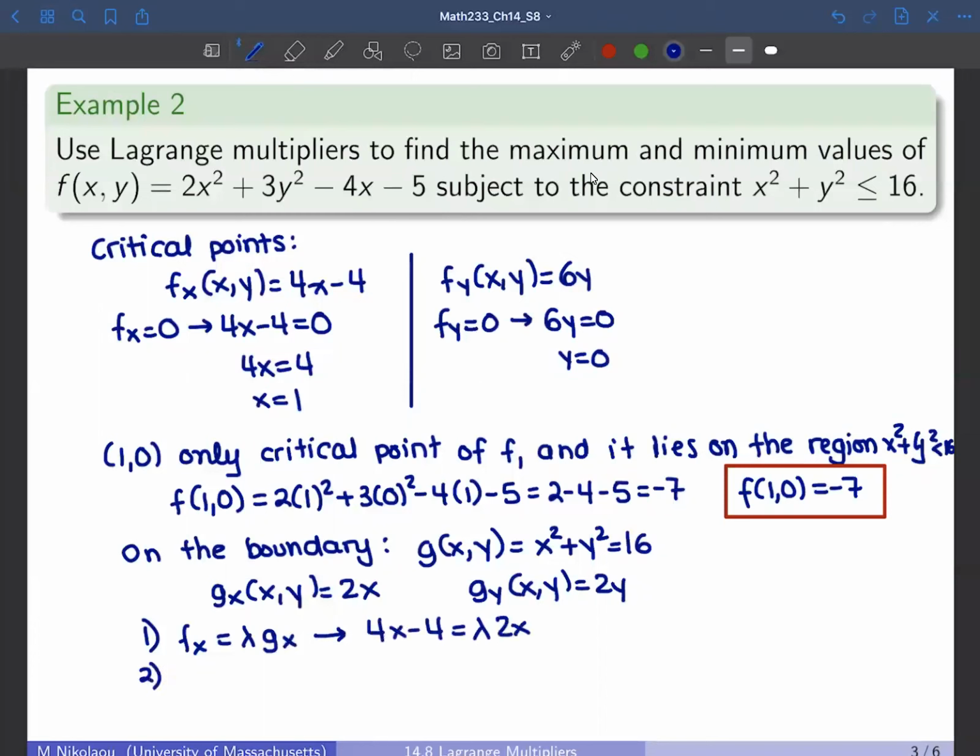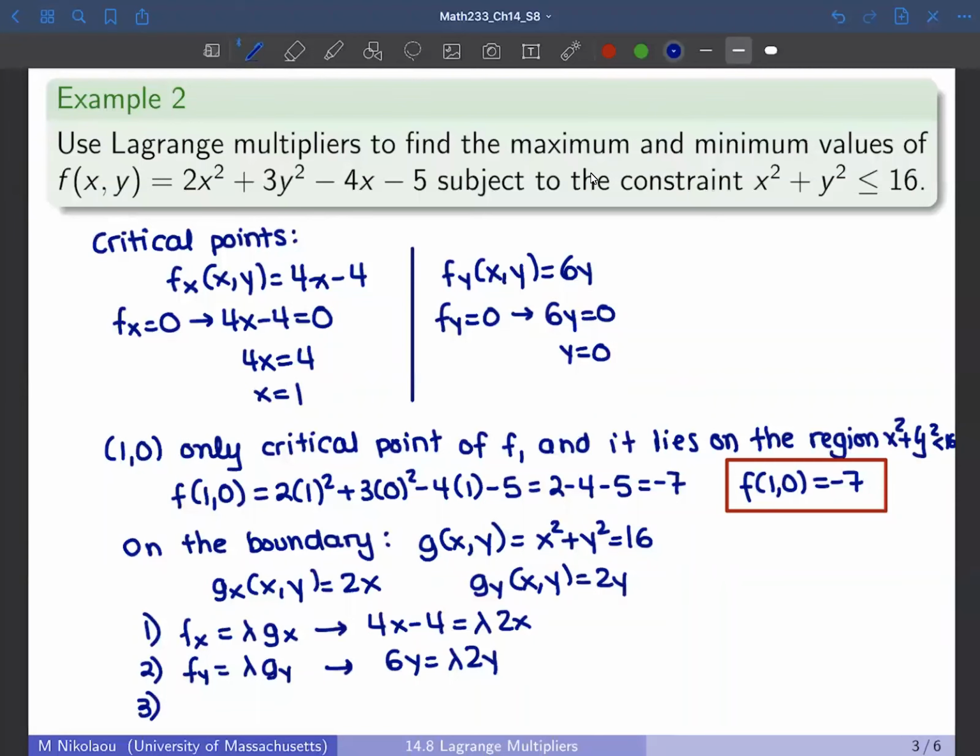The second is fy equal to lambda times gy, so 6y is equal to lambda times 2y. And the third equation is the constraint: x² + y² = 16.